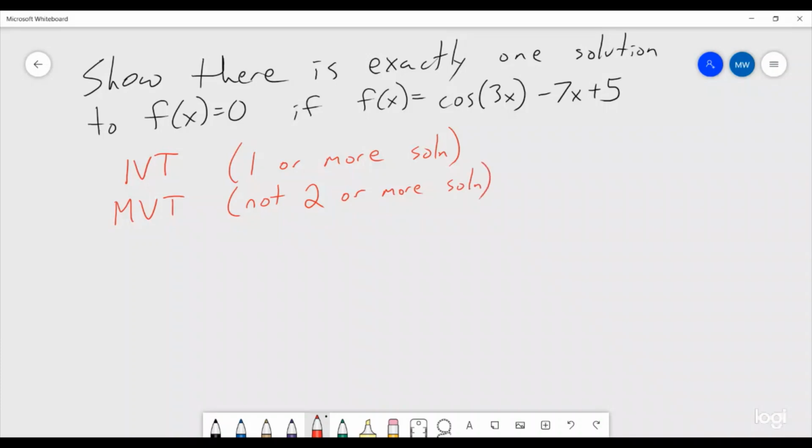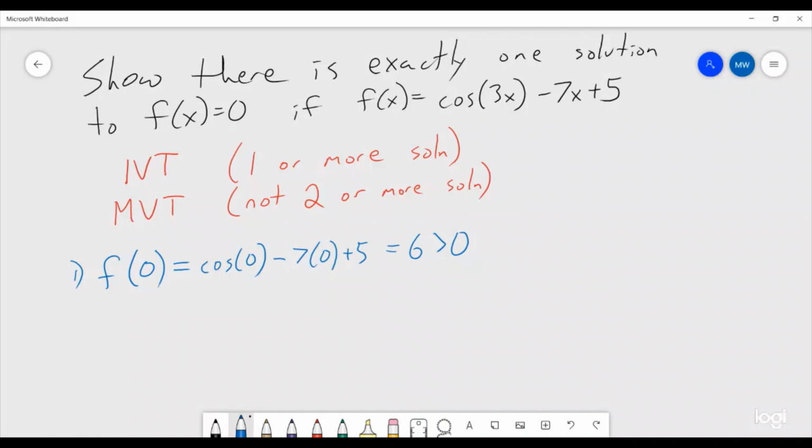Okay, so the first part, intermediate value theorem. We need to find something that's bigger than 0 and something that's smaller than 0. So first part, we're just going to pick points that we think are going to be nice. So maybe f of 0, well that's going to be cosine of 0 minus 7 times 0 plus 5. Cosine of 0, that's 1, so we end up getting 6, which is bigger than 0. Now we need something that's smaller than 0.